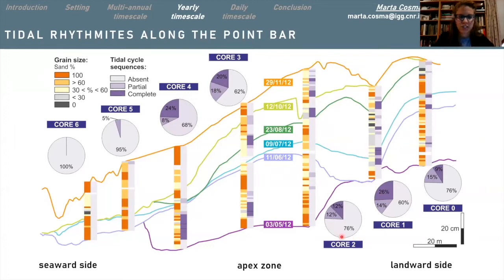Furthermore, preservation of the tidal rhythmites is higher in the apex zone and just landward of it, and there are really few tidal rhythmites recorded in the seaward side.